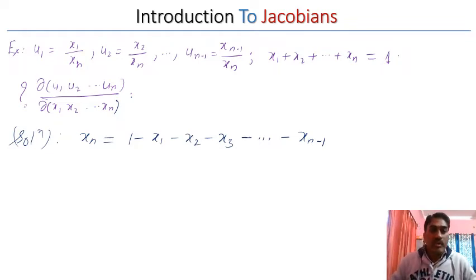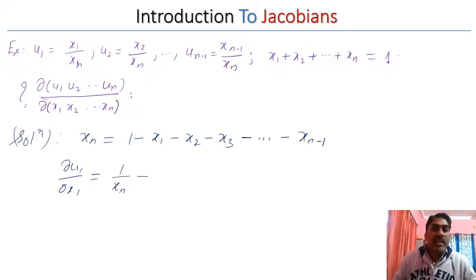Now take u1, so del u1 by del x1. Immediately you can see u1 is a function of x1 and xn. So u1 can be differentiated with respect to both, but xn is a function of x1 to x(n minus 1), so we will apply the chain rule. First differentiate u1 with respect to x1, applying the product rule. When you differentiate x1, it comes out to be 1 by xn.